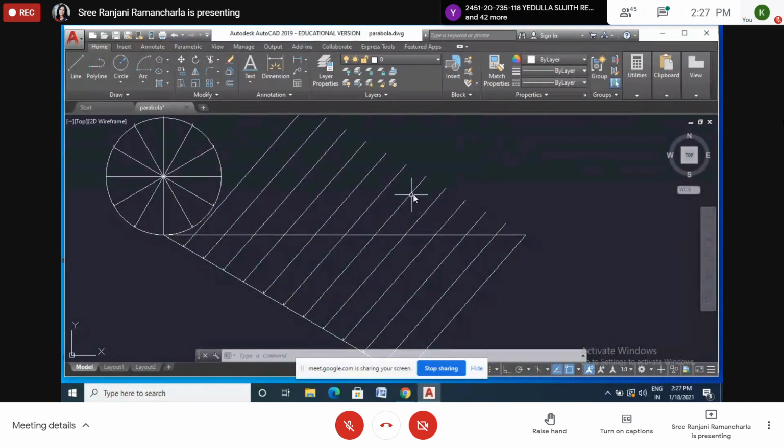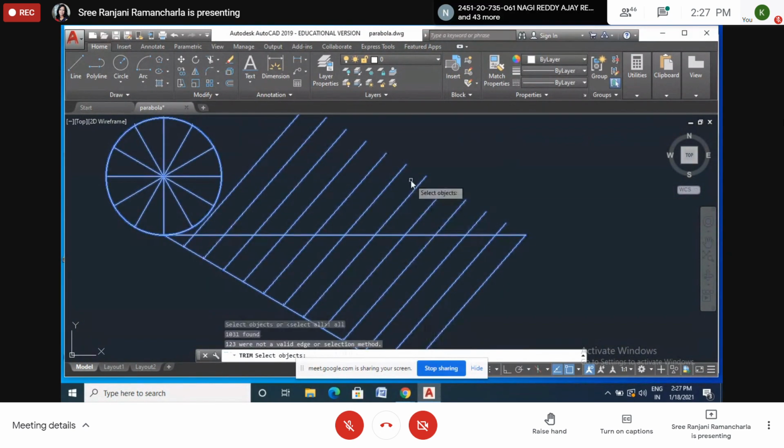So now I drawn the parallel lines. I want to delete all extra. So for deleting, I want to trim the extra length. So using the trim command, select all, I will select all like this. Then I want to trim this way.